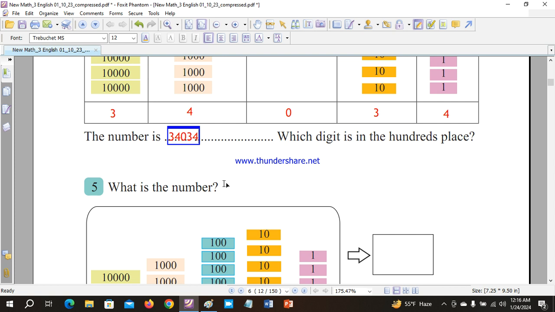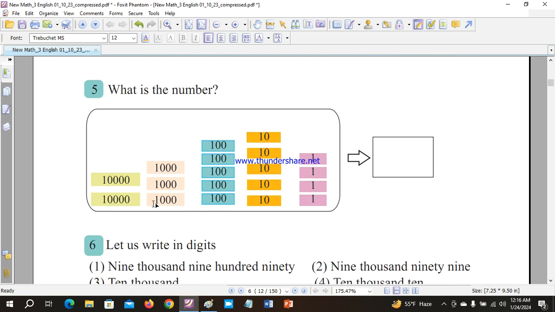What is the number? Number 5. Here look very carefully. There are 2 ten-thousands and 3 thousands. We can say ten-thousands and thousands together, 23,000.